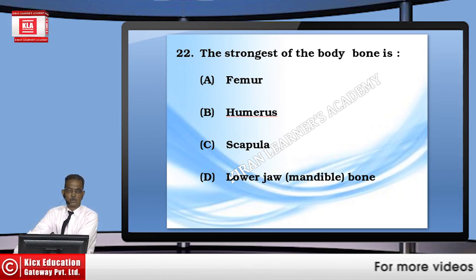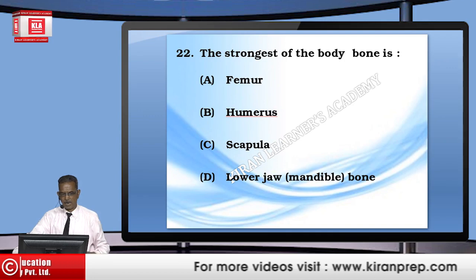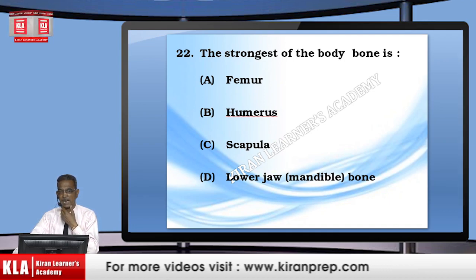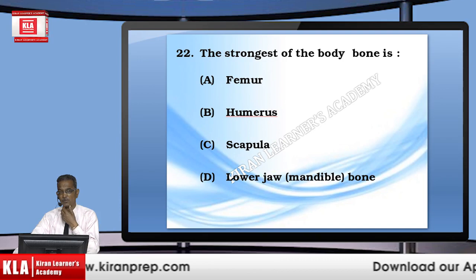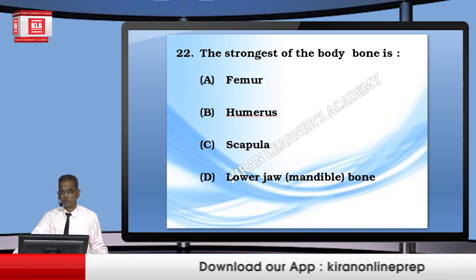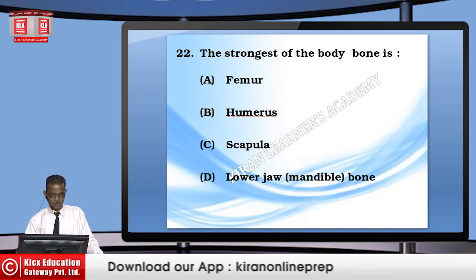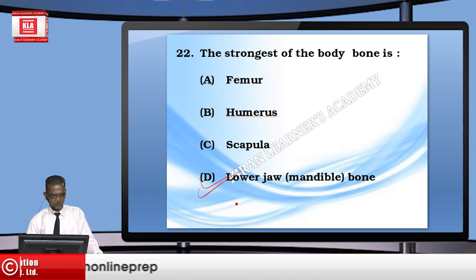Scapula is the shoulder blade. And then the lower jaw, the mandible, is the only movable bone in the human skull or cranium, and it is the strongest of all the 206 bones present in the body. So option D is the correct option.